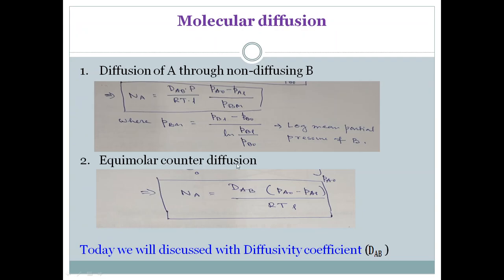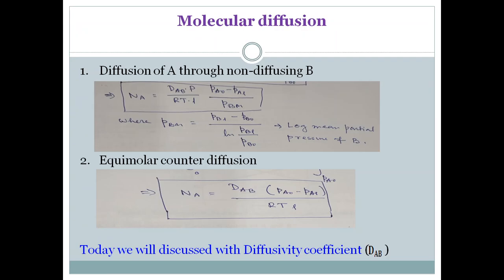And for equimolar counter diffusion, the expression is here. Flux Na, in kilomole per meter square second, equals DAB into PA0 minus PAL by RT into L. And there is another thing, that is non-equimolar counter diffusion.